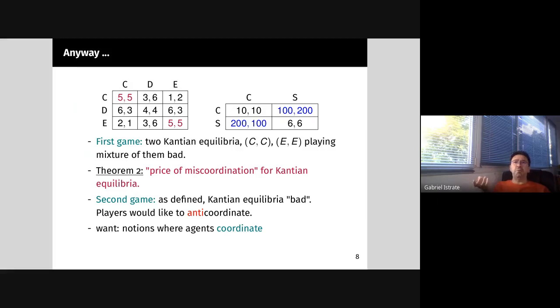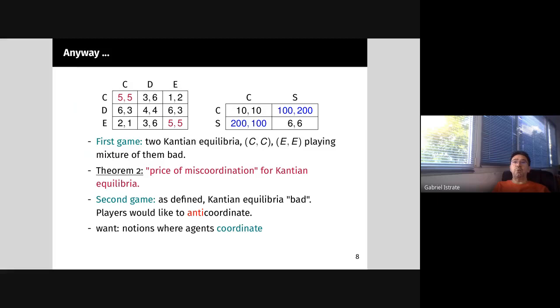And if the players don't have a way to coordinate on one equilibrium, then they're perfectly justified to say play half C and half E. In fact, they're going to assume that they're going to play half CC and half EE because of the Kantian assumption. However, doing so would be bad. They're going to be worse off. In fact, they're going to be catastrophically worse off if they play in a mixed, uncoordinated fashion. And the paper has a further framework and theorem that characterizes a price of miscoordination for Kantian equilibrium.